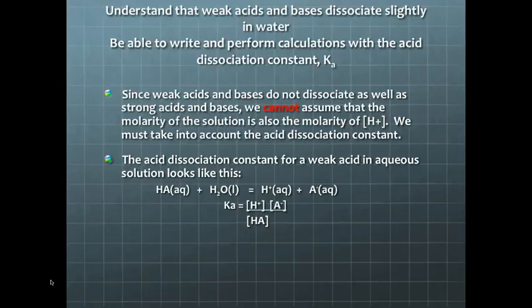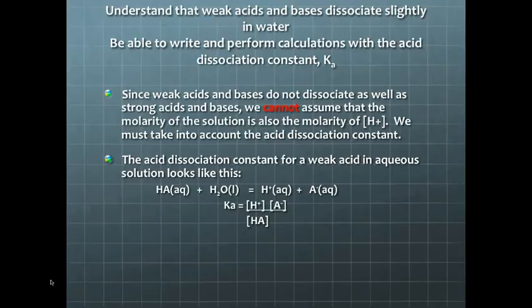Now, weak acids and weak bases do not dissociate completely. They dissociate slightly in water. So, we cannot assume that the molarity of the solution is also the molarity of the hydrogen ion concentration. We have to take into account the acid dissociation constant.